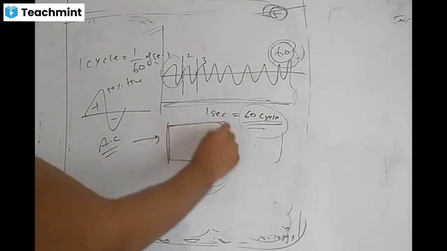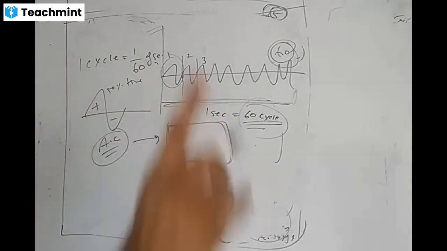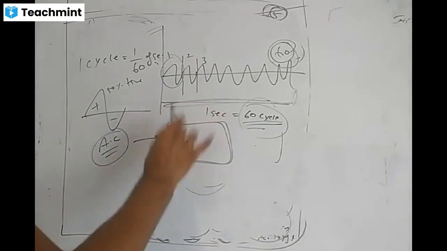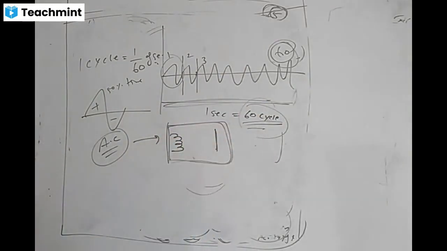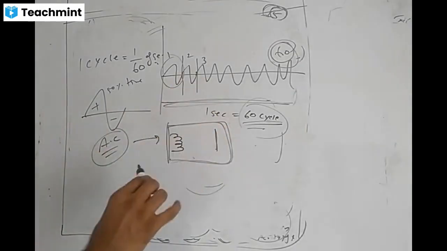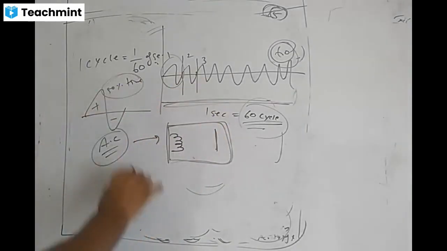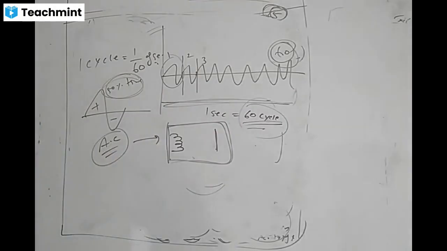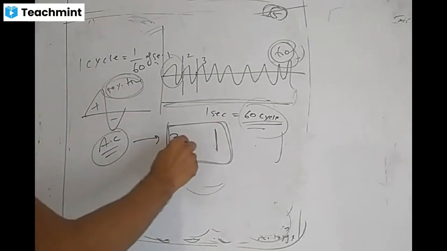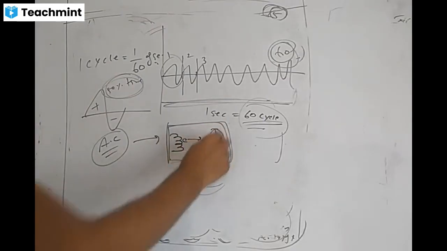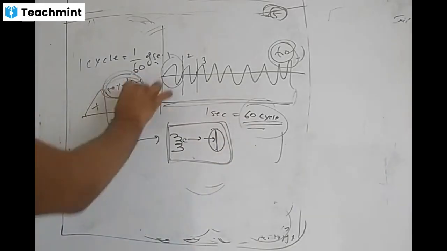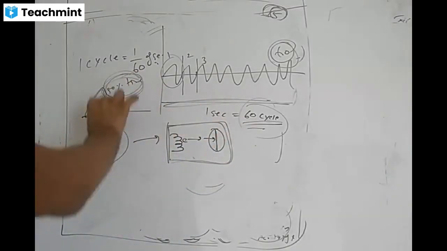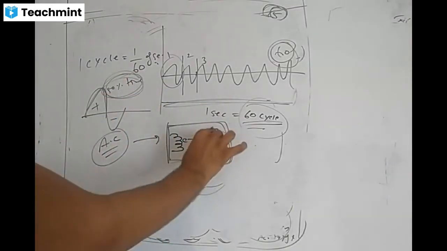So if you give alternating current to my X-ray tube, this is the cathode, this is the anode. For the first 50%, this half of the time, the electrons will go to the anode.